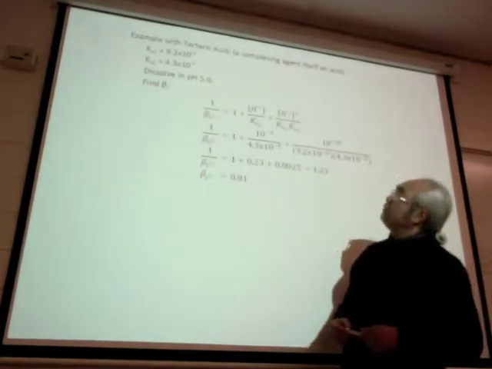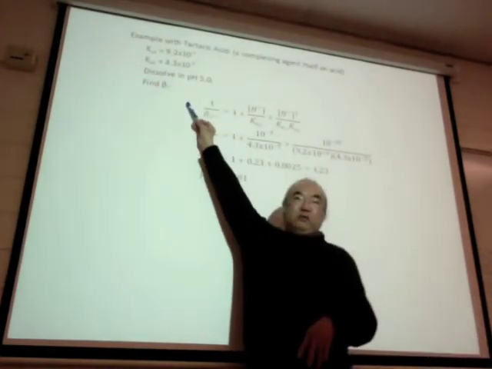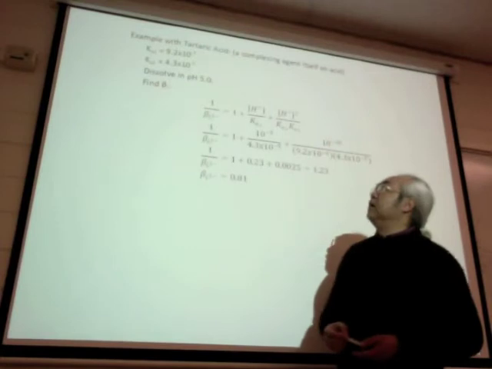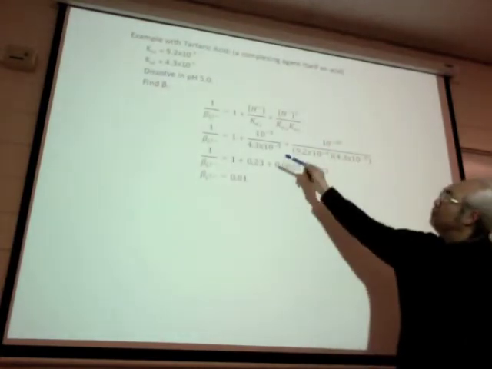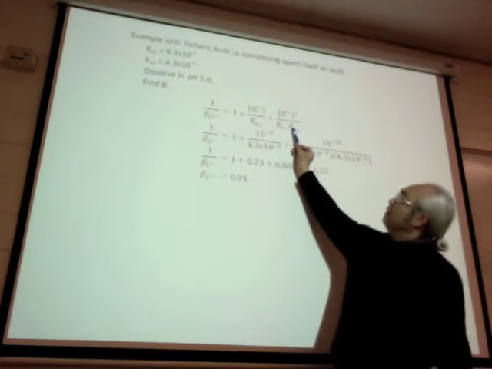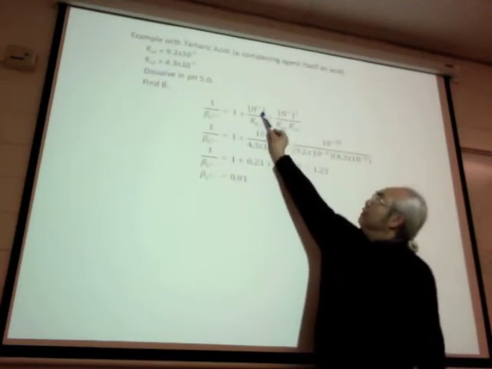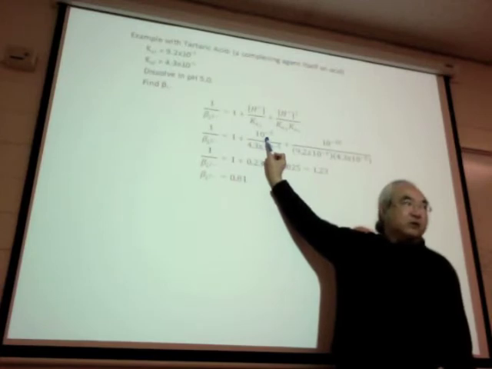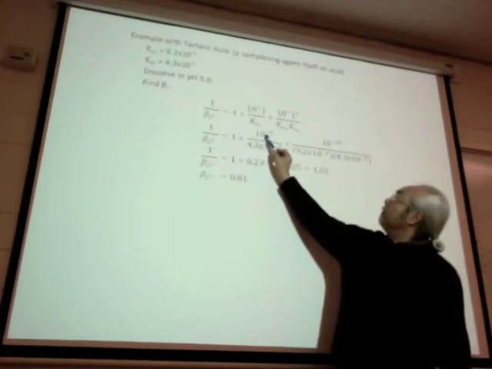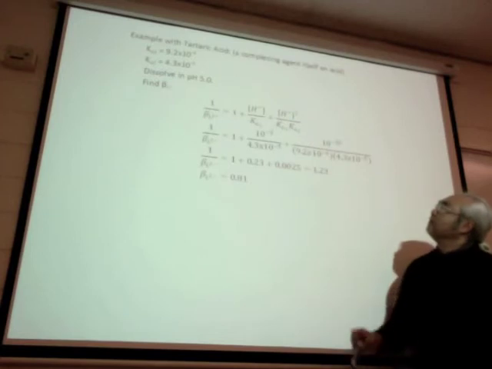Then you are asked to calculate the beta, what fraction of complexing agent will be available. So you remember this formula, okay, then the pH indicates 10 to the minus 5 concentration. Then you plug in like that.